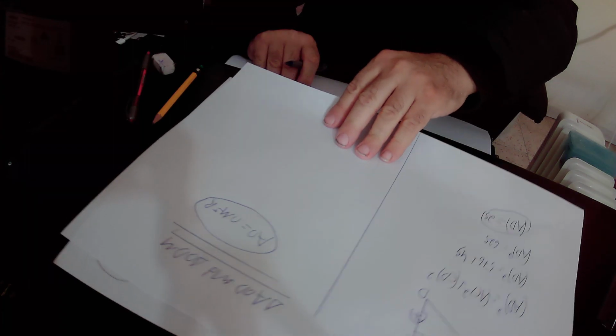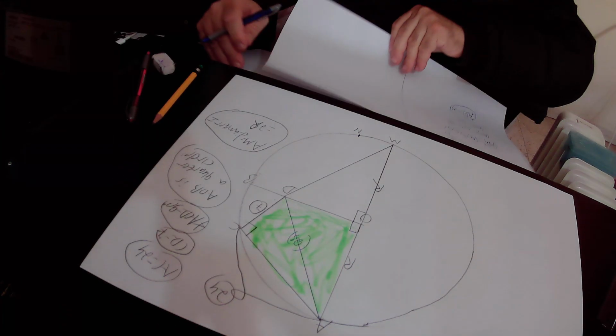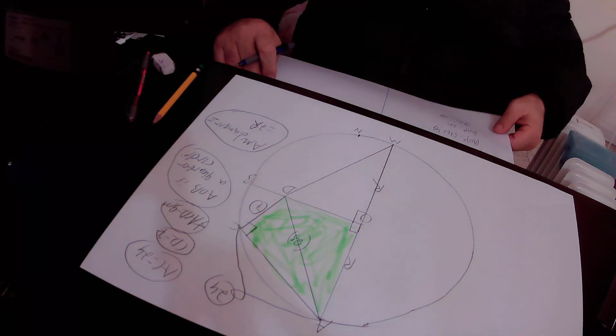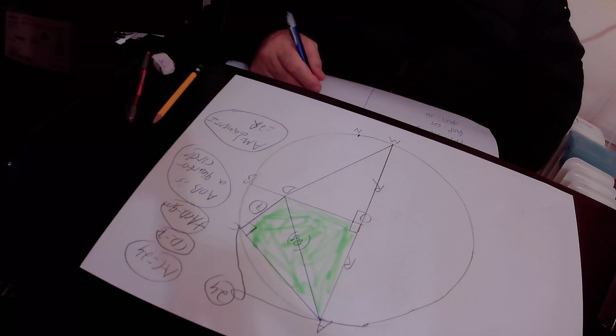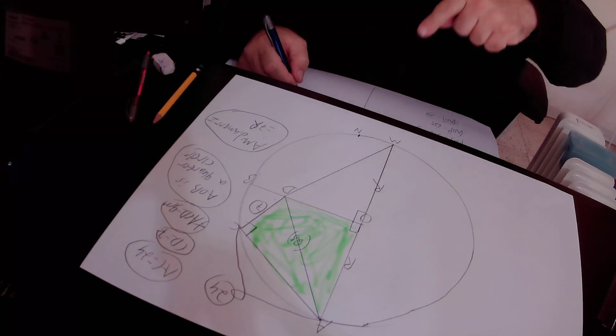They are both the radii of the circle, therefore they are equal to each other. In addition, those two angles are both equal to 90 degrees, therefore they are equal to each other. So angle AOD of the green triangle equals angle MOD of this triangle.